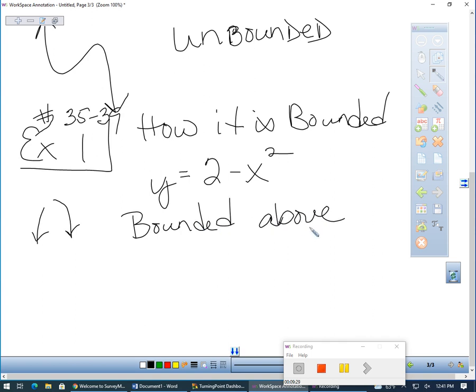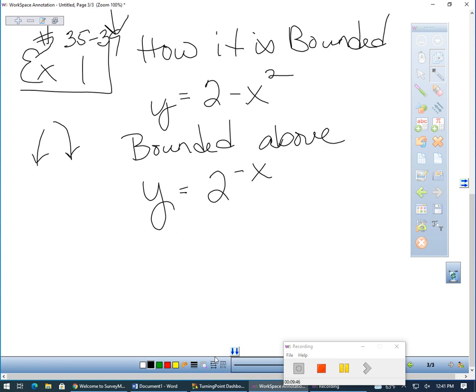And yes, so if it's a parabola that opens down, this is bounded above. Let's do one more, just in case you might get a trickier one in there. What if I gave you something like y equals 2 to the negative x? What do you guys think this one's going to do?